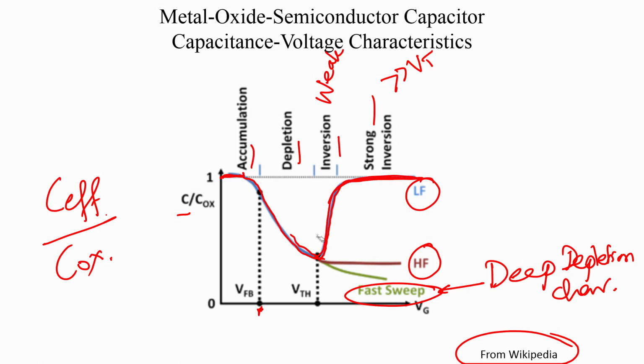In the case of the high frequency characteristics, the accumulation mode and the depletion mode are the same, but the electrons can no longer respond. The small signal capacitance cannot reflect the response of the electrons to the high frequency AC signal, because the thermal generation rate is too low to match it.